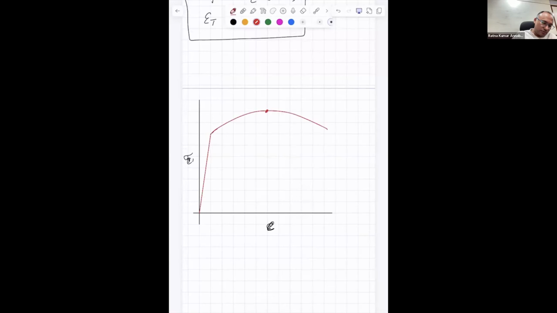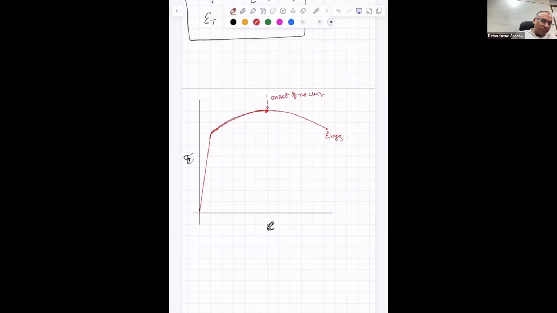Now, this is how your typical engineering stress strain curve looks. If you look at the true stress strain curve, what is happening here? Before necking and after the plastic deformation, this is the onset of necking, right?